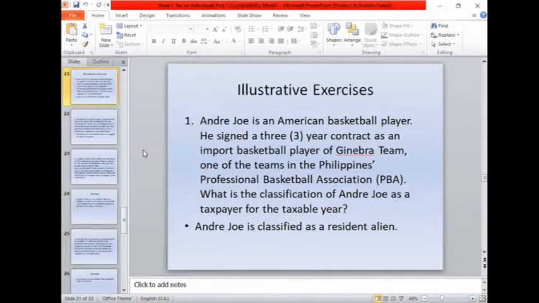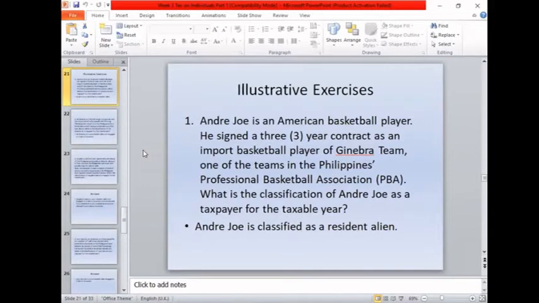So let's have here an illustrative exercise. I gave the illustrative exercises in order to classify a particular taxpayer. So let's proceed to number one. Let's say Andre Joe is an American basketball player. He was invited to the PBA and signed a 3-year contract to be the import of a team, which is Ginebra.